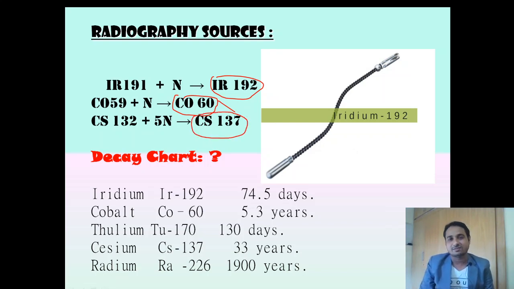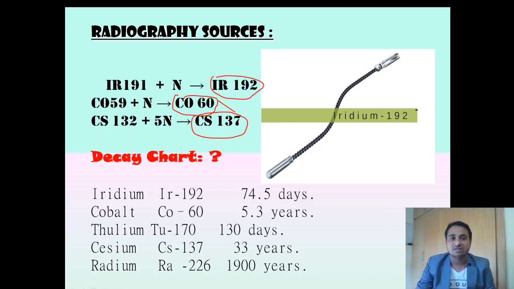In chemistry we have learned about radioactive elements. So how do we make these elements radioactive? First of all, some we find in nature, like uranium and thorium, which are radioactive. But what we use in industry are man-made. So how do we make some elements radioactive? By bombarding with neutrons.